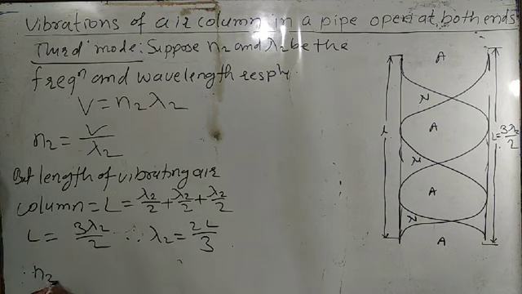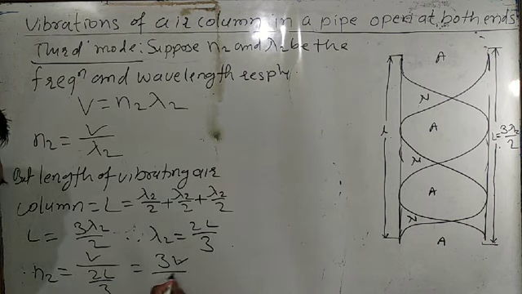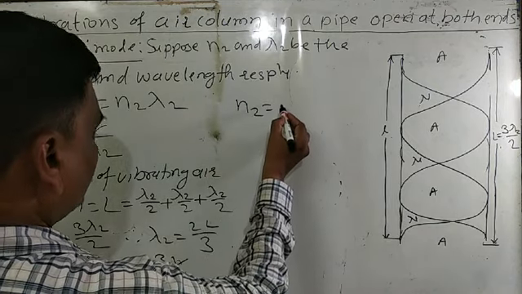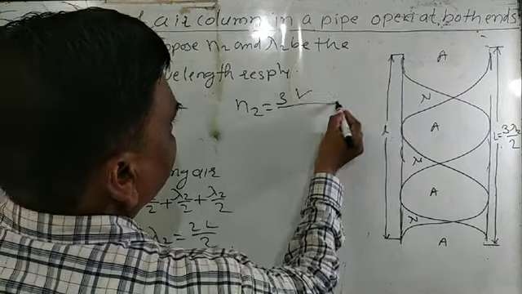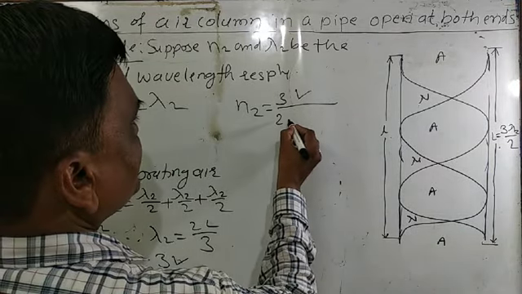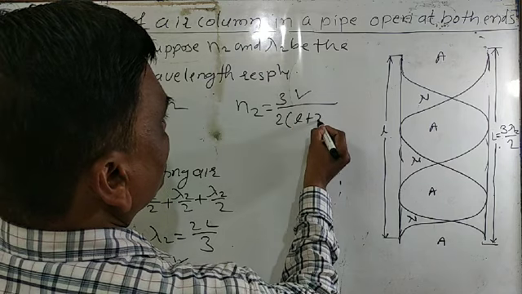Therefore, the above equation becomes n2 equal to V by twice L by 3, which equals 3V by twice L. But n2 equal to 3V by twice L plus twice E.